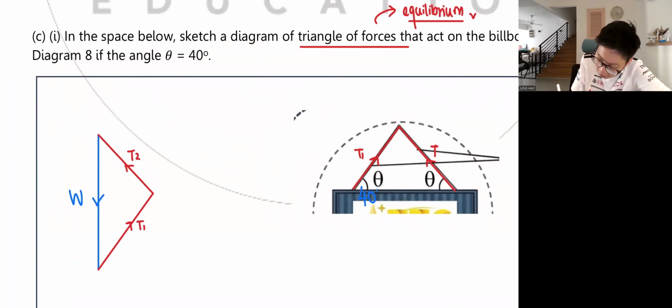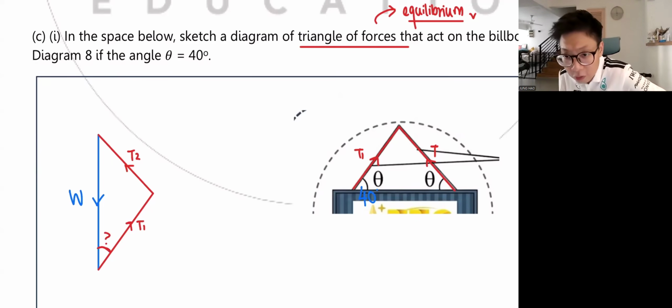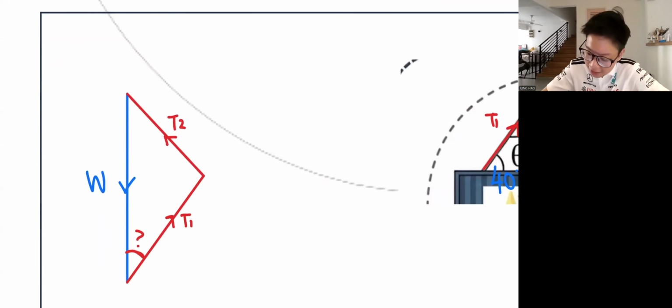Now who can tell me, what is the angle inside here? I think you guys are very bad with trigo, it's not only bad, it's depressing. So how much is that? That is 50 degrees.